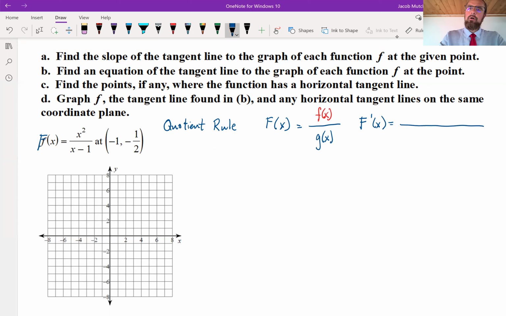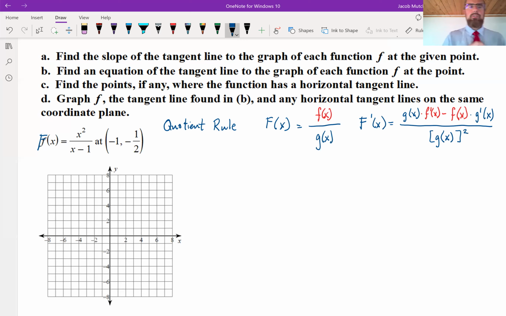So it's small g of x times the derivative of small f of x minus the original small f of x times the derivative of small g of x. And then that's all divided by the original g of x squared. So there's our rule.